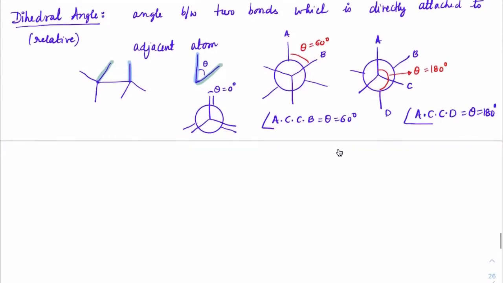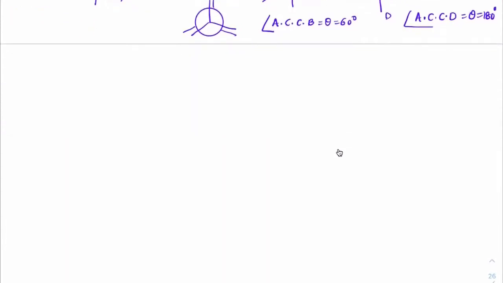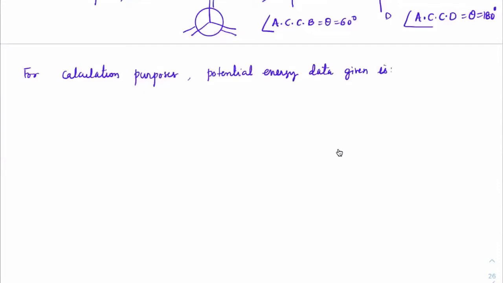Usually we need some data about how much potential energy the molecules can have based on certain angles. So for calculation purposes, the potential energy data given is as follows. First data is with respect to dihedral angle.